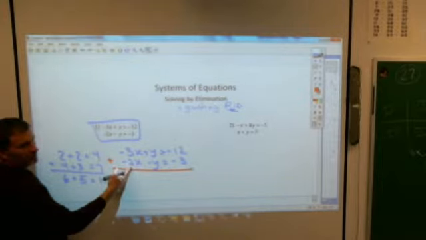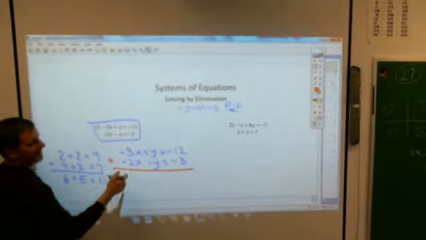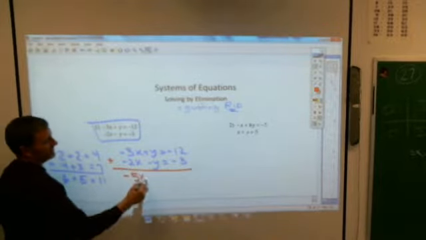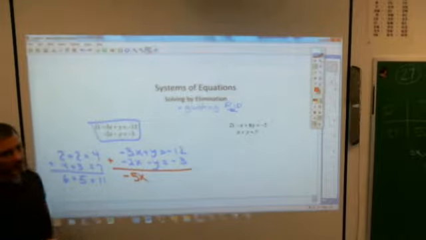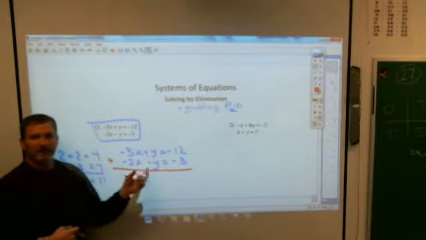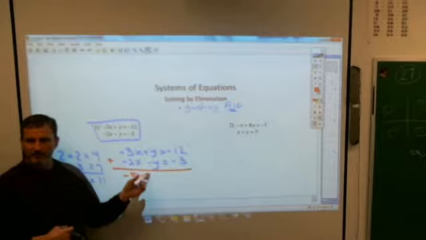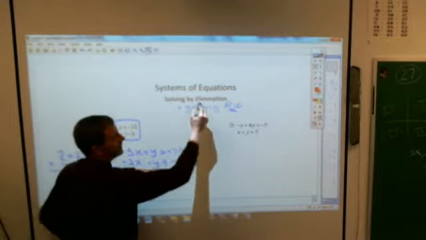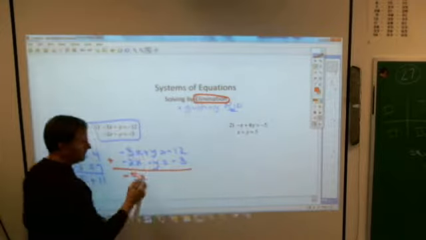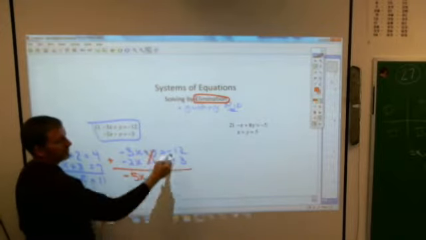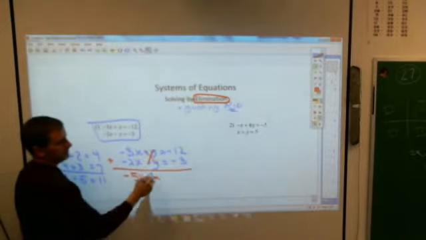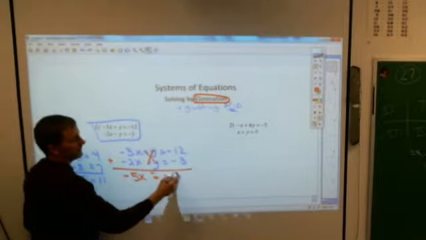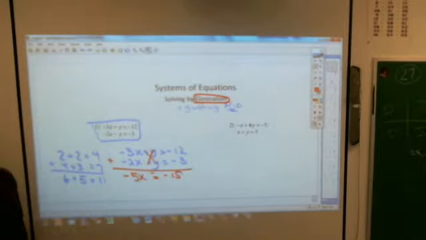Negative 5x. Here's where your gasp of relief and excitement comes. What is y minus y? Nothing. It has been eliminated. Poof. And what is negative 12 minus 3? Negative 15. So now you've gotten rid of a letter.